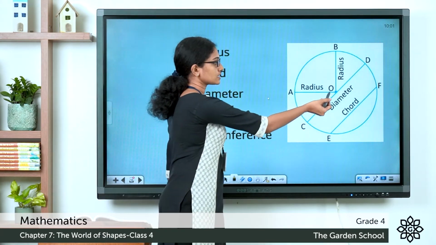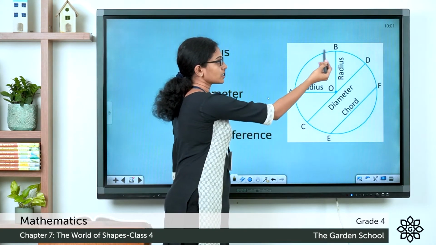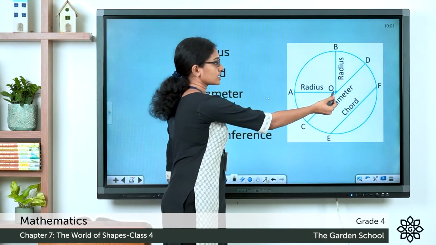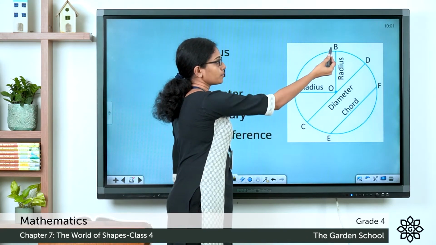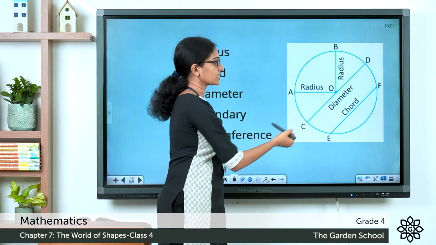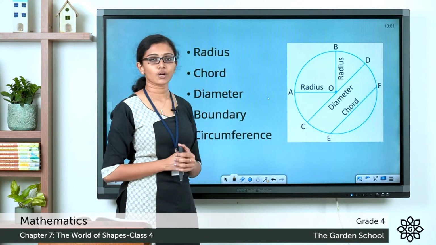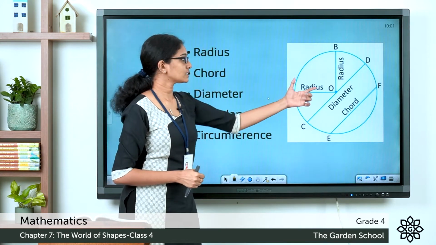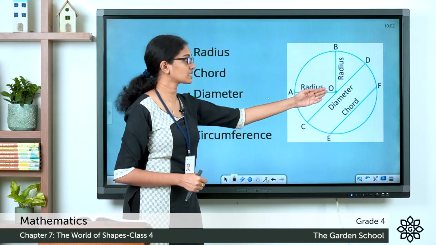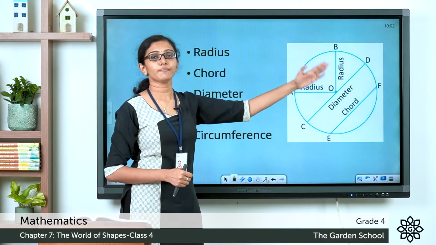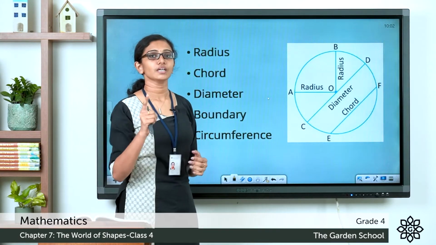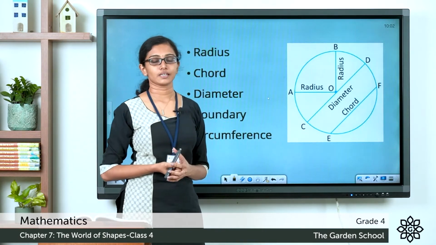And you see the distance from the center to the points on the boundary of the circle. Distance OA, OB, OD, OC. These points are all at the same distance from the center of the circle. So this distance, the distance from the center of the circle to any point on the boundary of the circle is called the radius of the circle.